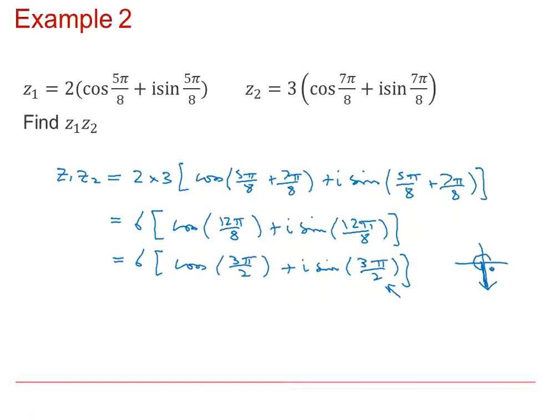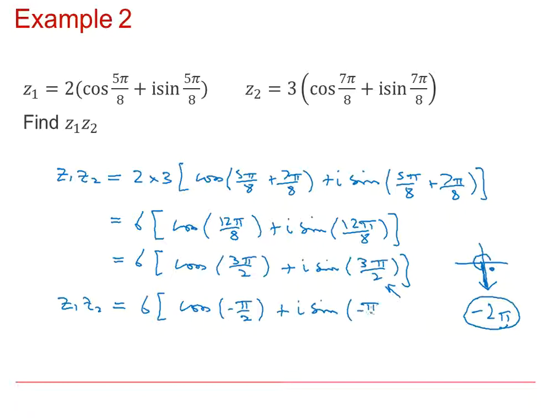We need to quote this angle here, and we do that by going backwards 2 pi. We need to take off 2 pi from the argument. So the correct answer for this is z1 z2 equals 6 cos minus pi by 2, so you can see how we've taken off the 2 pi there, plus i sine minus pi by 2.